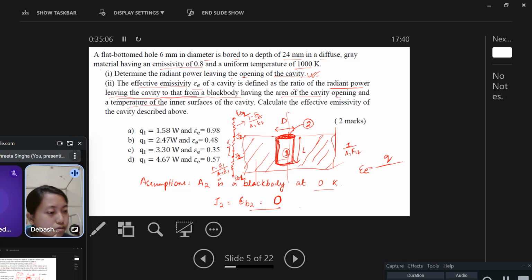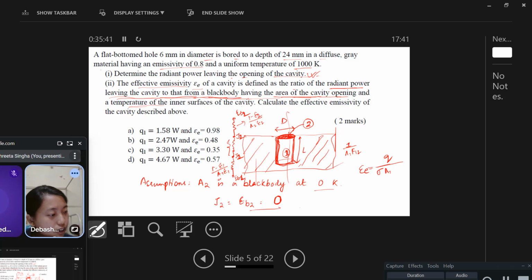Now, to that from a black body: the radiant power from a black body having the area of the cavity opening and the temperature of the inner surfaces of the cavity. The opening is this surface 2. So for surface 2, what is the radiant power? It is given by just sigma A T to the power 4. Sigma is always a constant.